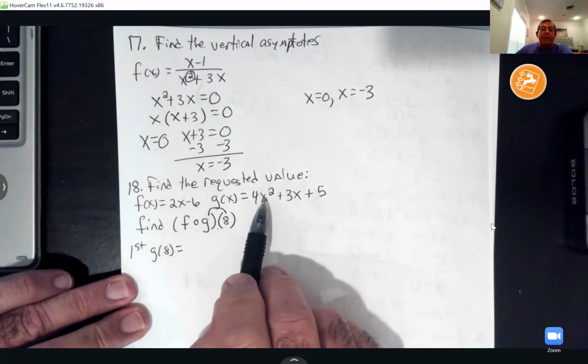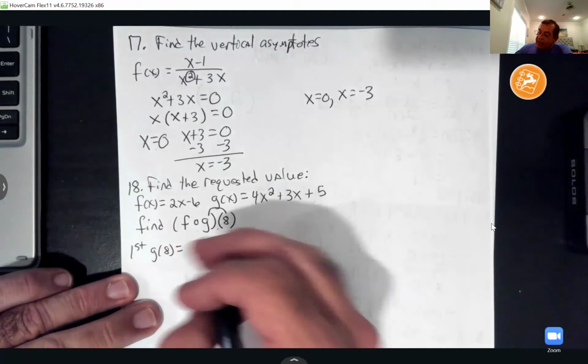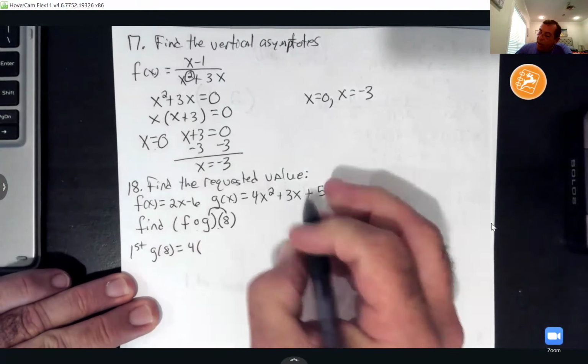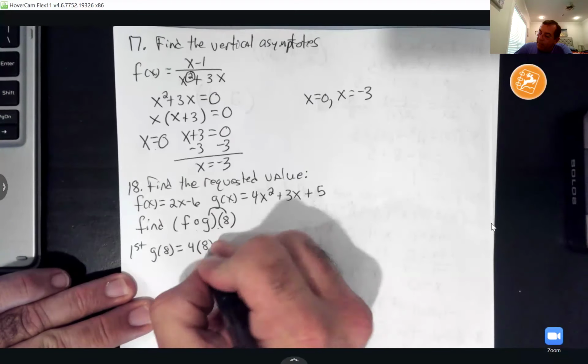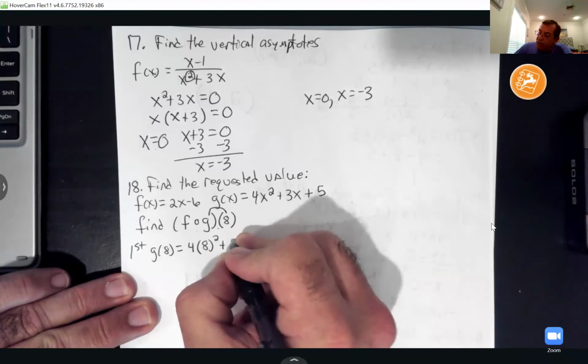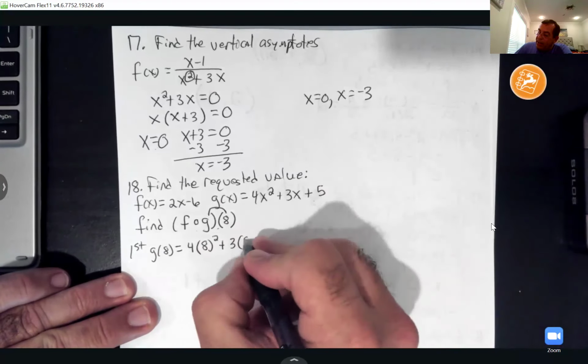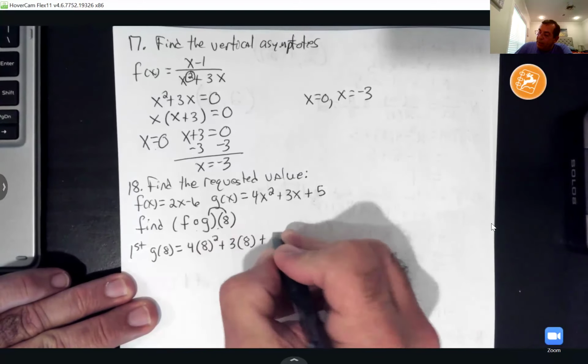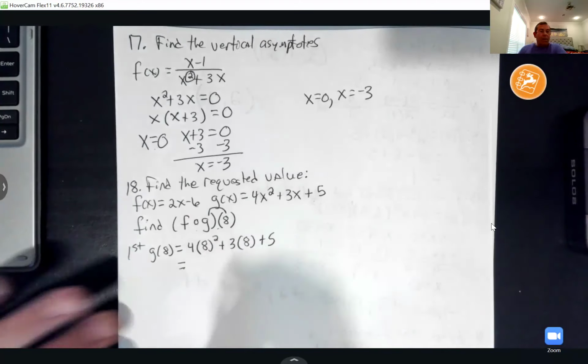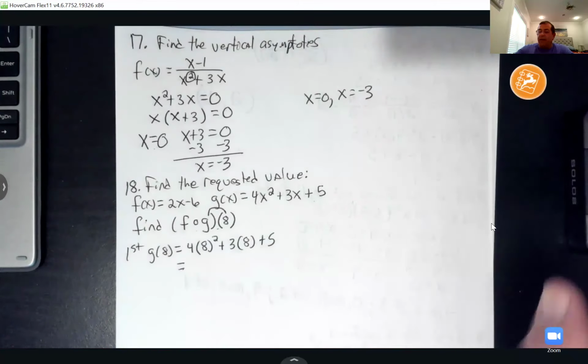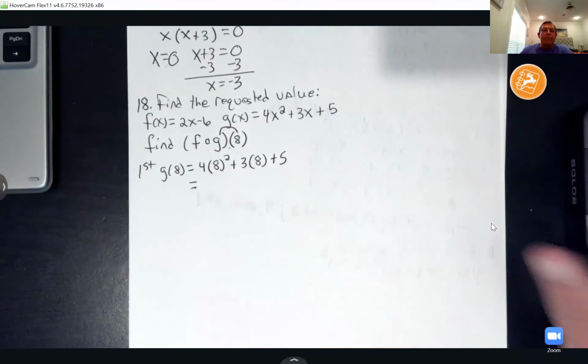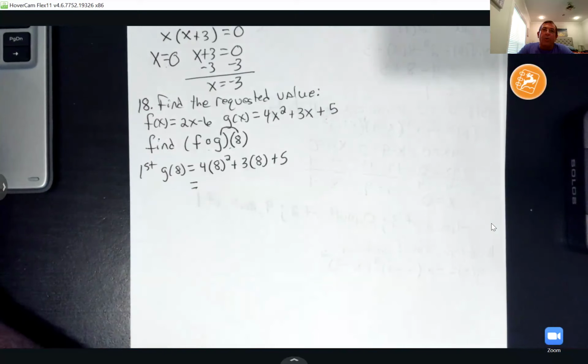Well, g of 8 is, I got to put an 8 in for both of these x's. So I got 4 times 8 squared plus 3 times 8 plus 5. All right, that looks like a calculator type problem. So I'm going to go to my calculator and let it figure out what that equals.